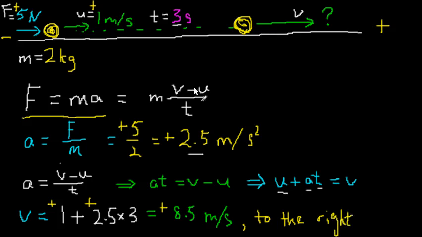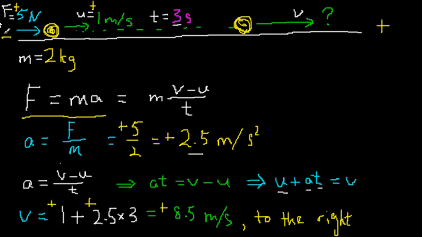Now, if you remember, I said just now that it really doesn't matter whether I choose the right hand side or left hand side to be positive. That might sound a bit strange at first, because what if I've instead chosen the left hand side to be positive?